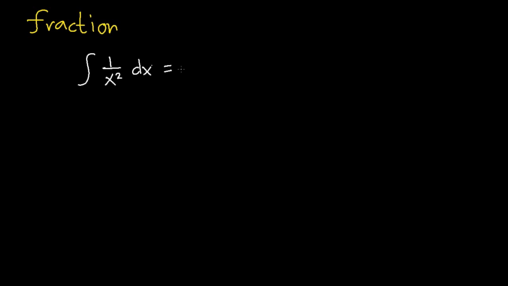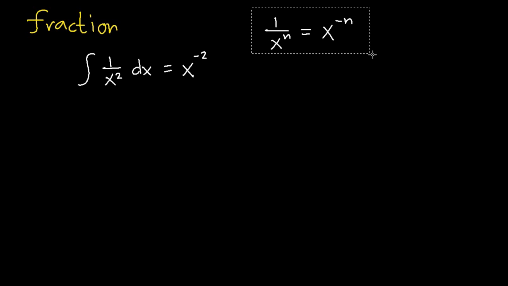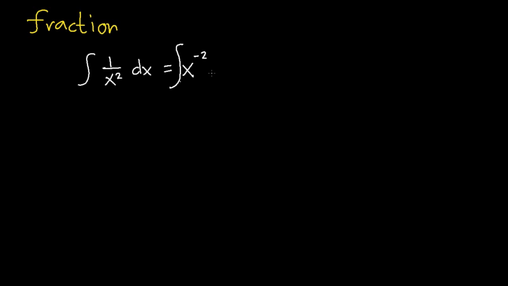So ang 1 over x squared is just equal sa x raised to the power of negative 2. So meaning 1 over x to the n is just equal sa x raised to the power of negative n. So kani busa na negative ang 2. So this is antiderivative, di kalimtan kay wala pa ta nag-evaluate dx.